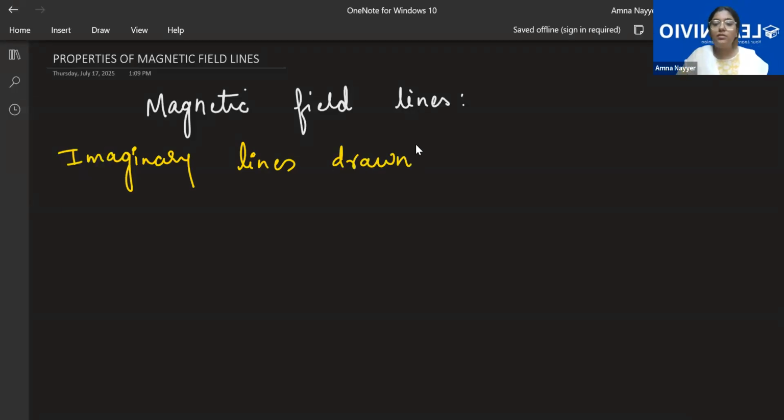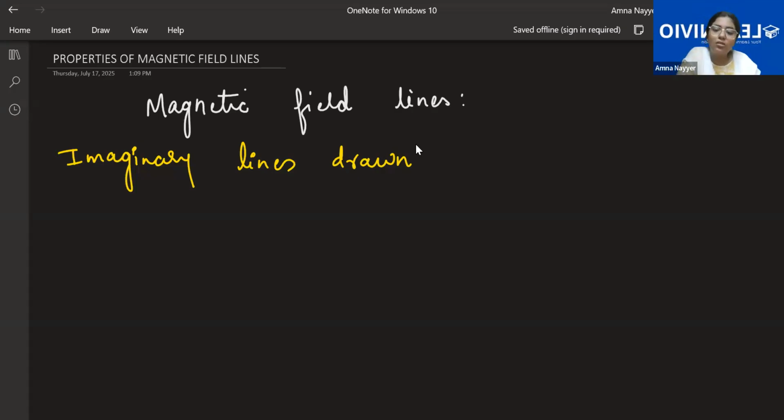Now, similarly, these are also imaginary lines drawn in the region of space. If you remember electric field, that time I said that electric field lines are actually not existing.